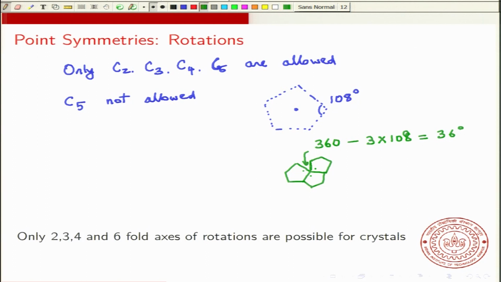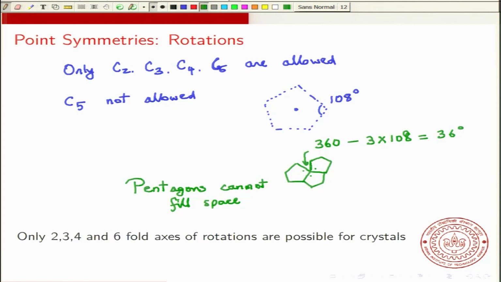You cannot have a 36 degree angle in a pentagon, so there would always be some empty space. So pentagons cannot fill space, and in fact this is why you never have five-fold axes in crystals.